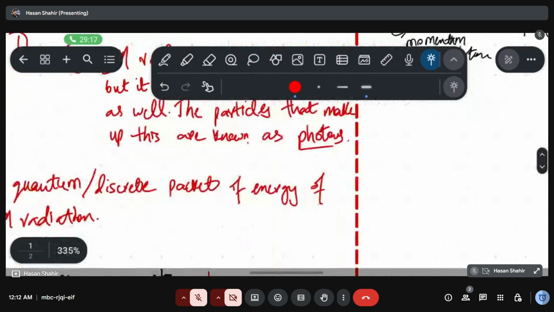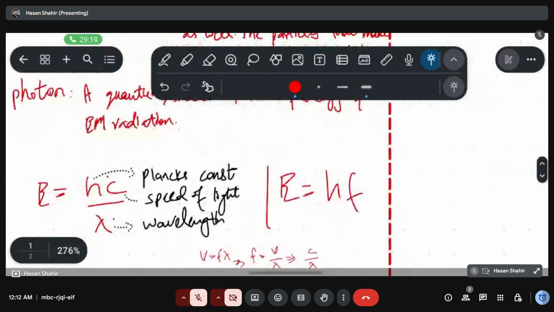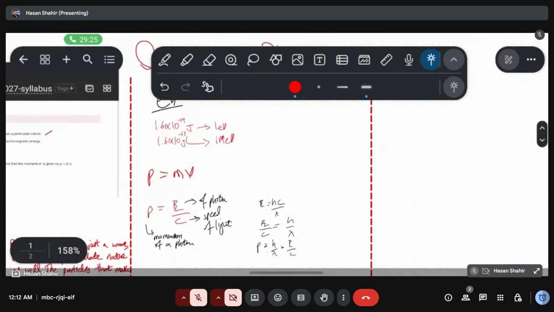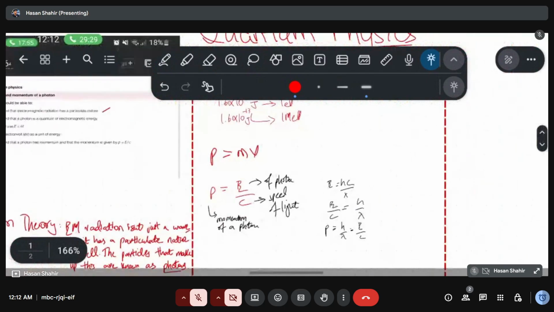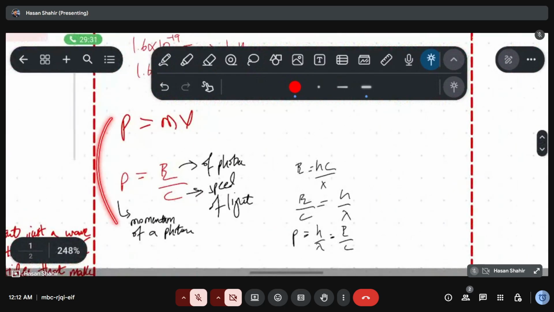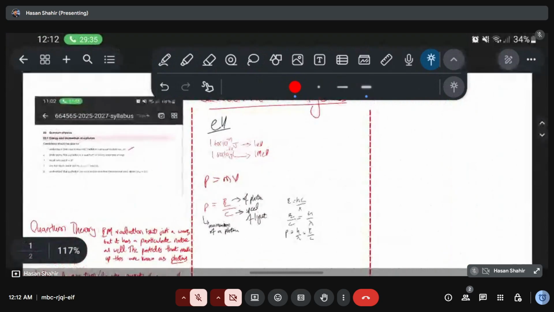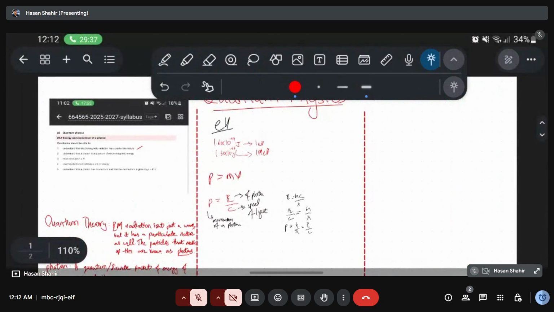We understood what a photon is, its formula, its other formula, and its derivation. We understood what an electron volt is and why it's used. And most importantly, we understood the momentum of a photon. So this was it for this video, and I'll be covering the other topics in the next ones.